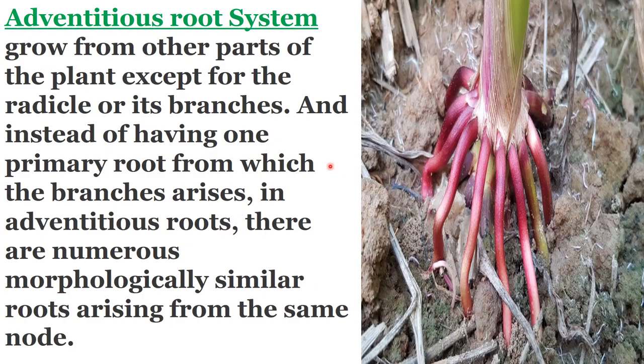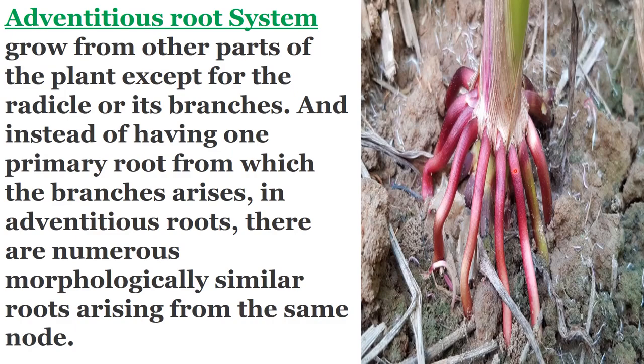Roots are arising from the nodes, not from the radicle. And where are the nodes present? On the stem. So from the lowest part of the stem these roots are arising. From a node these roots are arising, and no primary root is forming here, but many morphologically similar roots are arising.